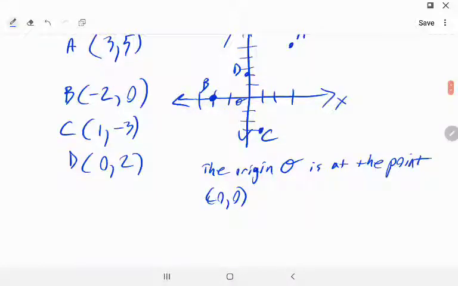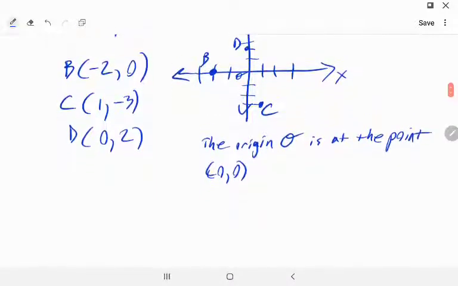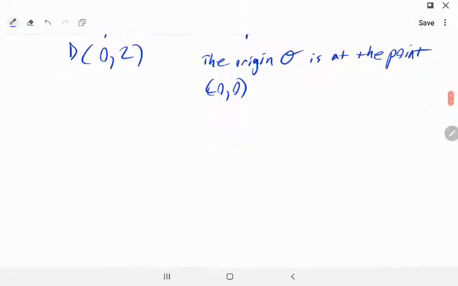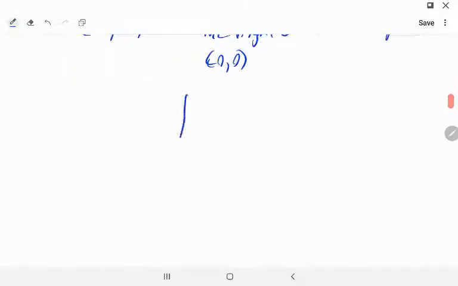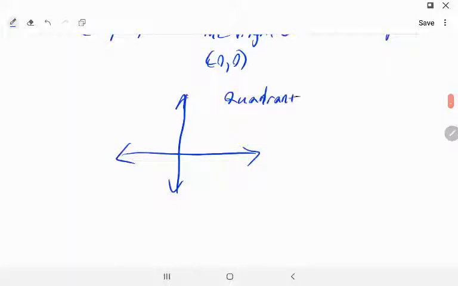We also notice that we can define the plane in quadrants. When we think about the xy plane, quadrant 1, or Q1, is the set of points with x greater than 0, y greater than 0.